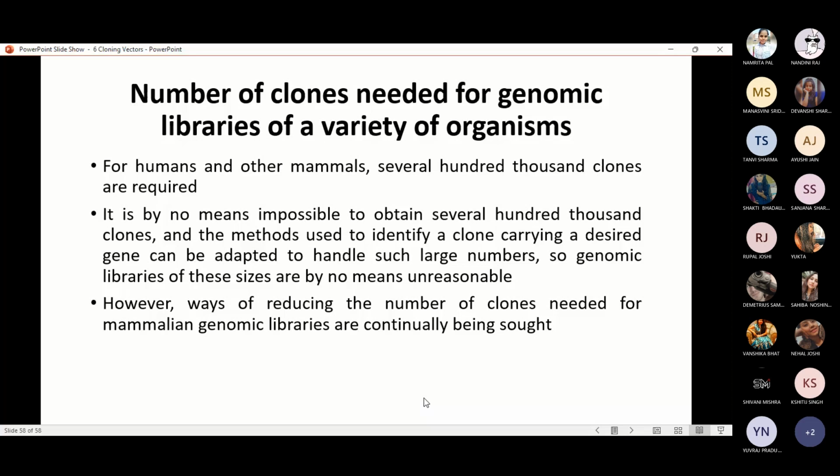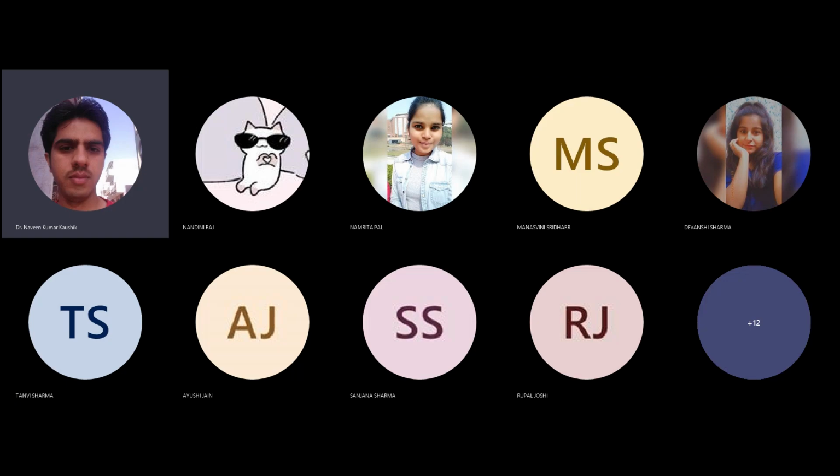Thinking that the number is becoming large, we further need vectors with which we can handle these types of libraries. To handle such a big genome size, we need a vector which can handle it, so we are going to design our vector accordingly.